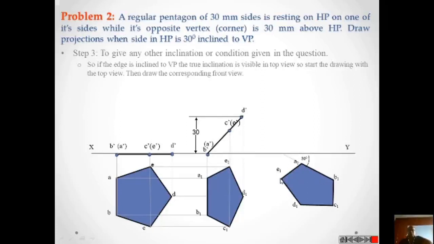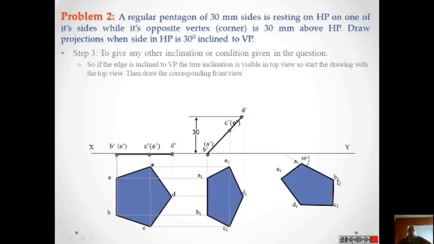You will get E1. Similarly, take the A1, D1 distance and the B1, D1 distance. From A1 you draw an arc, from B1 you draw an arc, you will get D1. Take the A1 C1 distance, draw an arc from A1, and take the B1 C1 distance, draw an arc from B1, you will get C1.